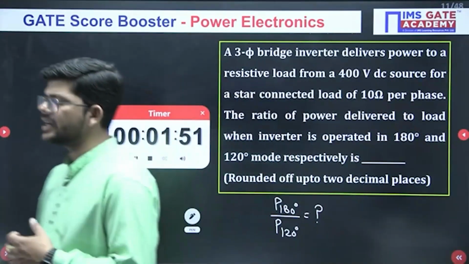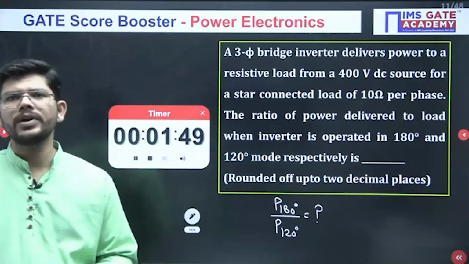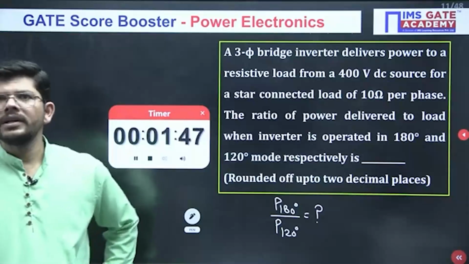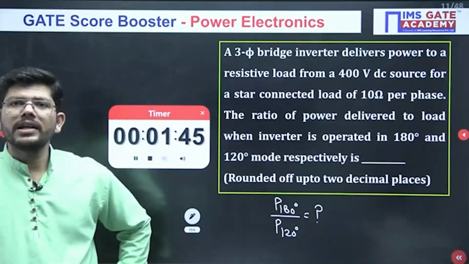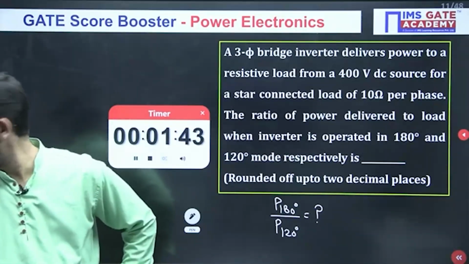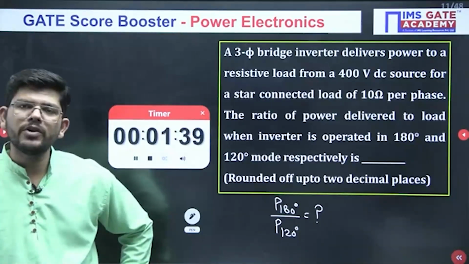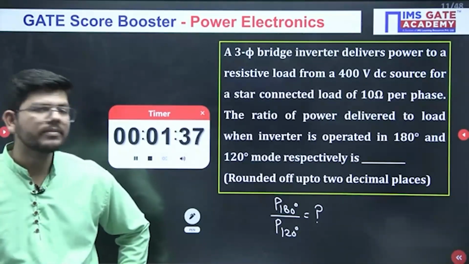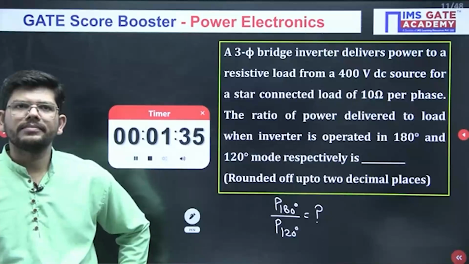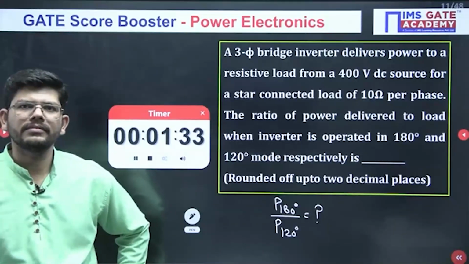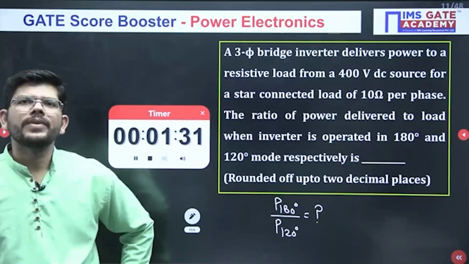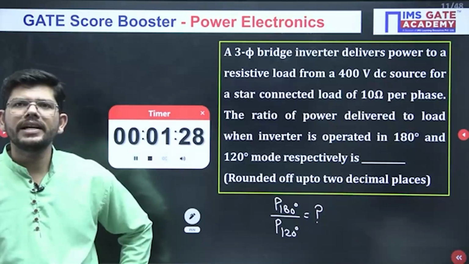The ratio of power delivered in 180 to 120 mode. Very good, Aryan. You are very rapid. 1.33. With lightning speed, you have solved this question. What is the answer that everybody else is getting?